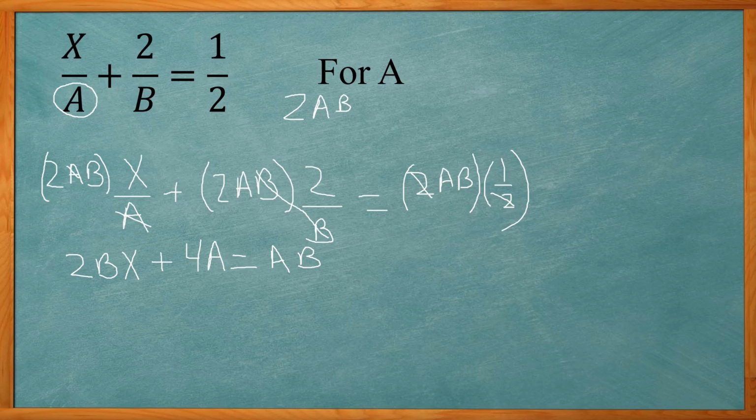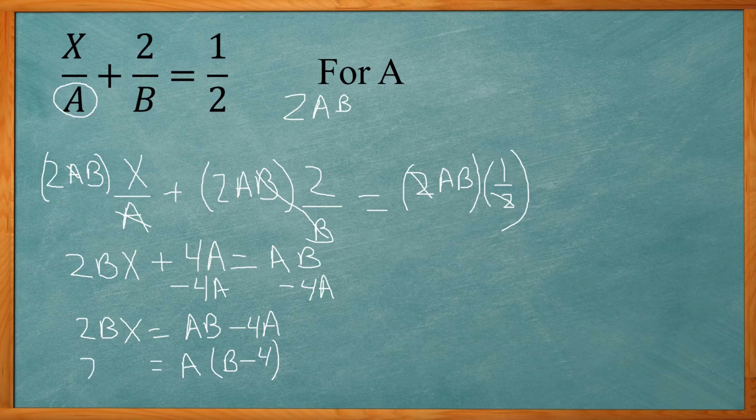Now I want to solve for a. I have two a's in here, so I need to get those together so I can factor out the a. So I'm going to subtract 4a from both sides. So that leaves me with 2bx equals ab minus 4a. Now if I factor out an a, that leaves me b minus 4.